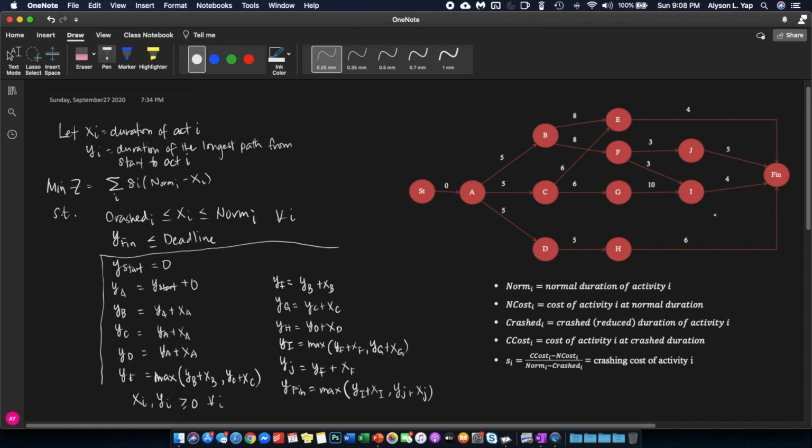And finally, y sub finish has two inbound arcs, so y sub finish is equal to the maximum between the one coming from I and the one coming from J. And of course, we have our non-negativity constraints.